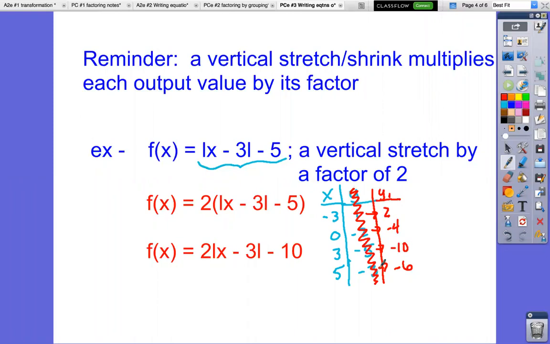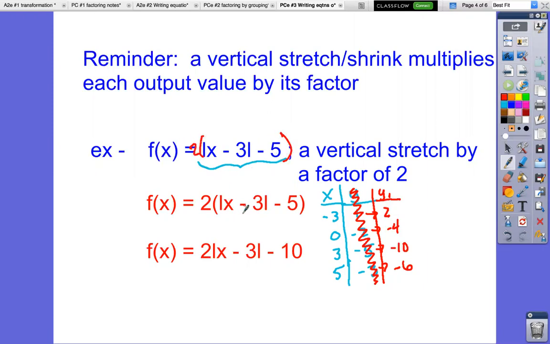So some people are saying, I don't get it. I thought I just moved it and then I stretch it. If you ever have a transformation already from the parent function and then you are stretching or shrinking it, again, we're only talking about vertical stretch. There are horizontal stretches, which we don't discuss until pre-cal. But the vertical stretch, you are multiplying everything by the factor.